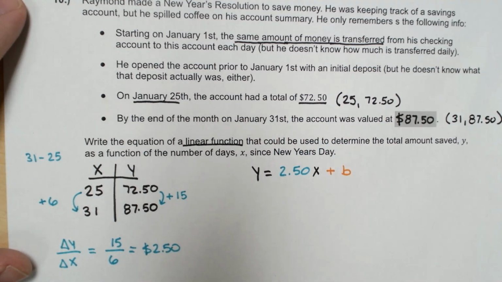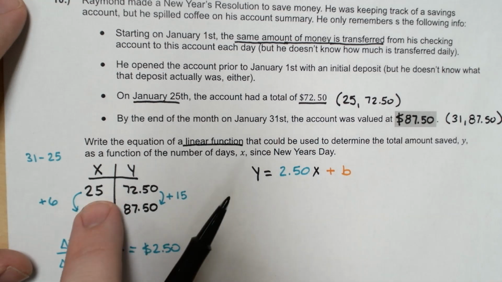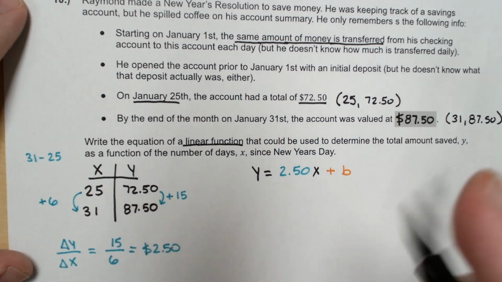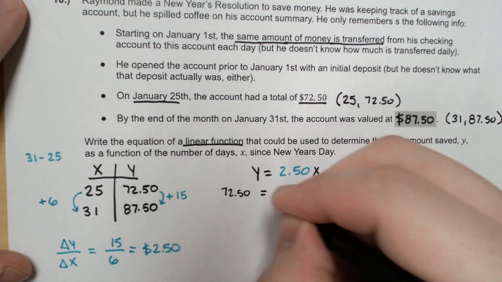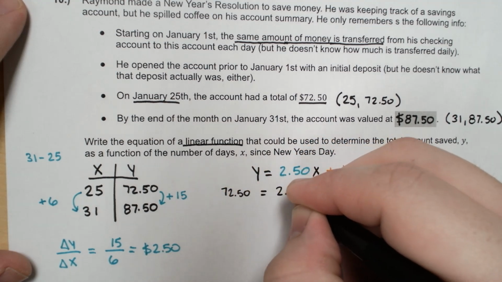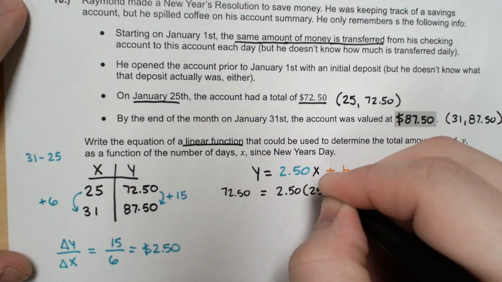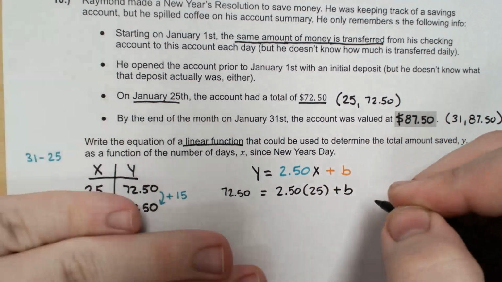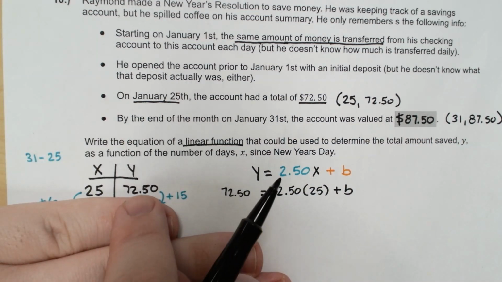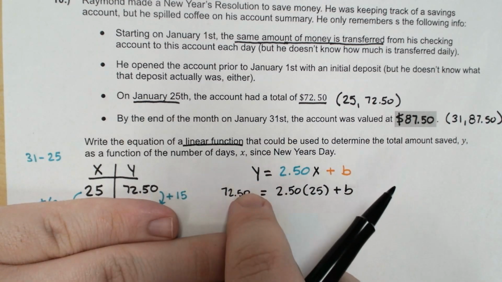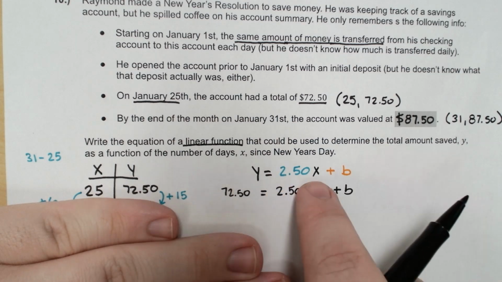But we can just use some of the information. Let's use 25 and 72.50. 72.50 equals 2.50 times 25 plus b. So what I did there is I took that first ordered pair and plugged in the 72.50 for y and the 25 in for x.